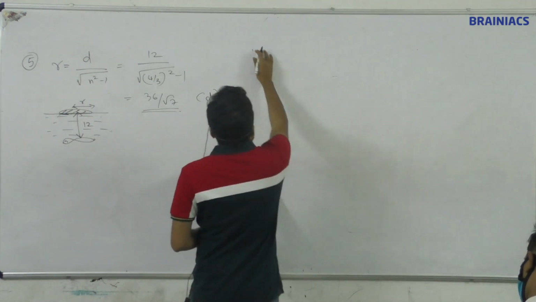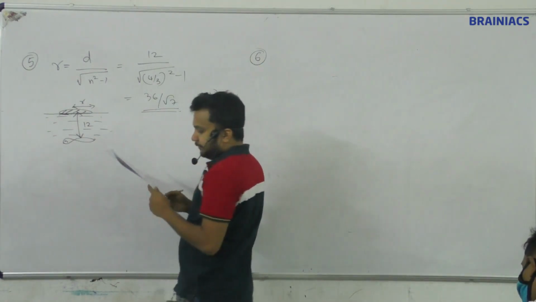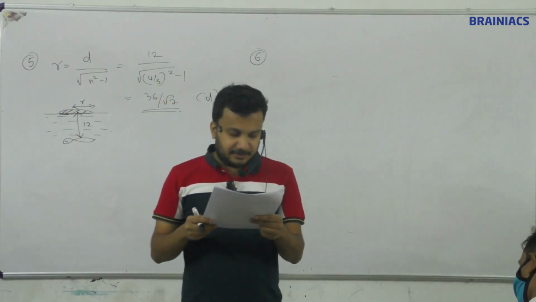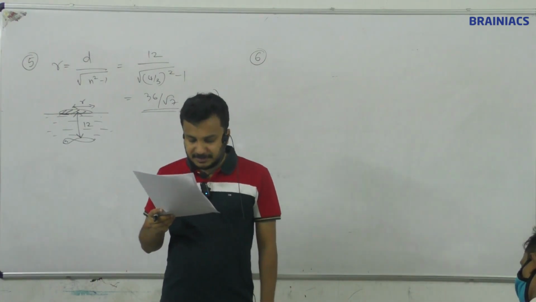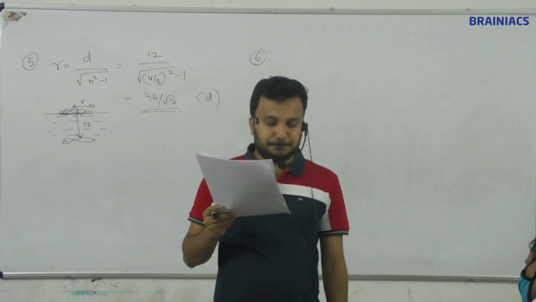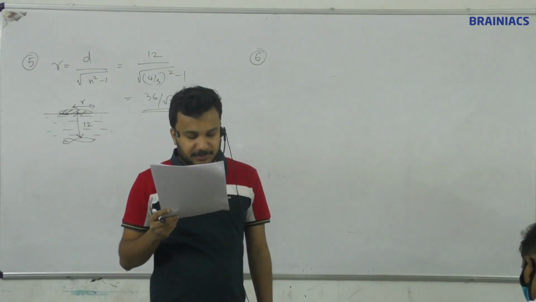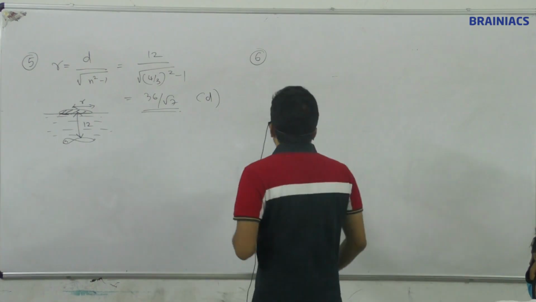Sixth one. Fv and Fr are the focal lengths of the convex lens for violet and red light respectively. Capital Fv and Fr are the focal lengths of the concave lens for violet and red light respectively. Then which of the following is correct?